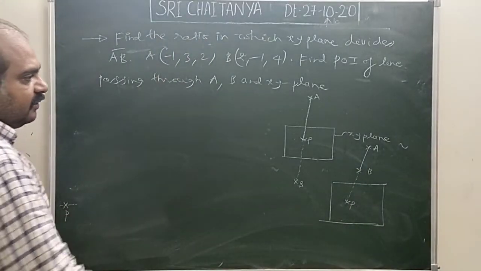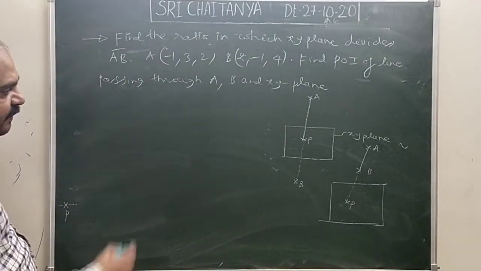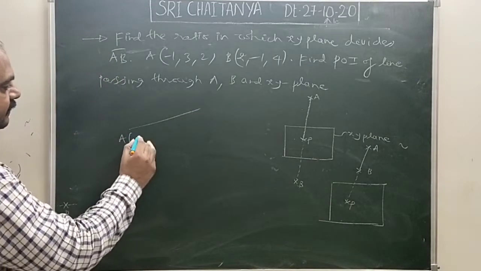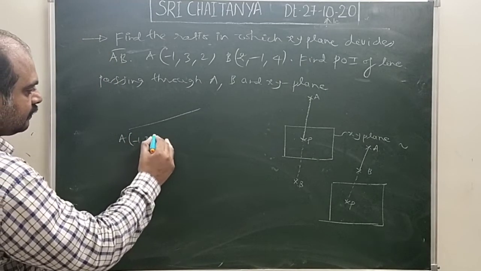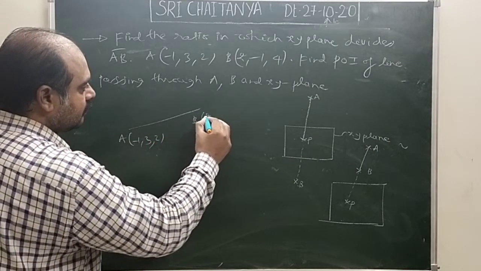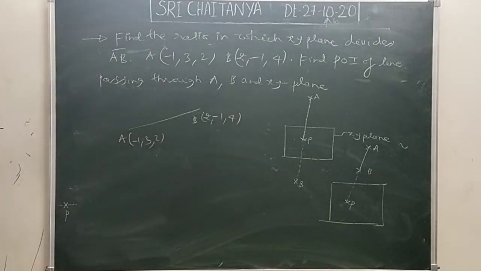So, while finding the ratio in which the XY plane, YZ plane or ZX plane divides a segment, just simply take the line segment, A is this, B is this.